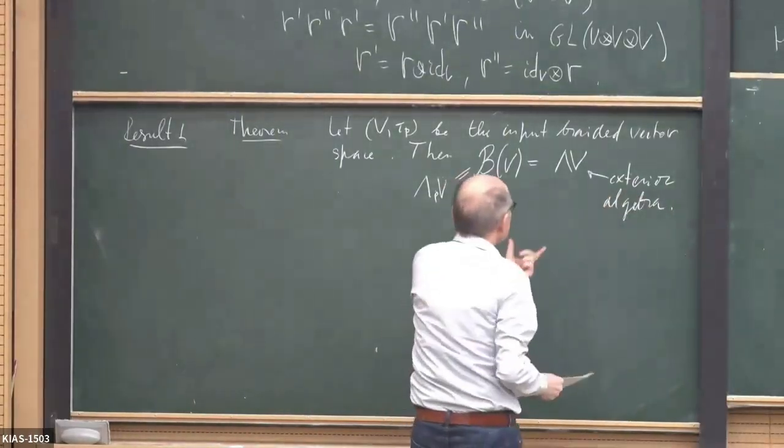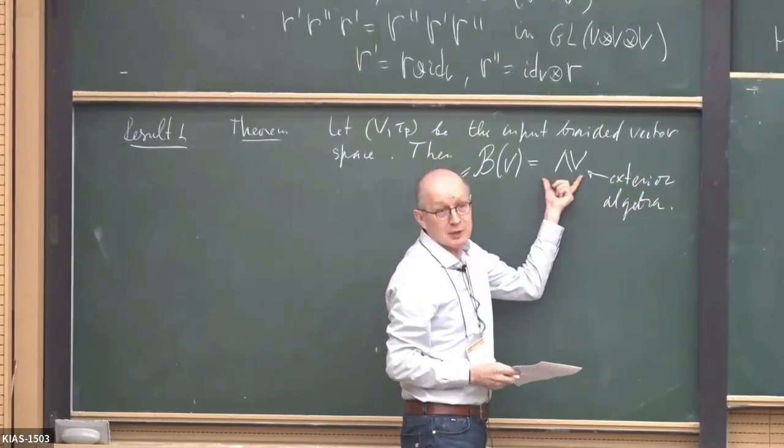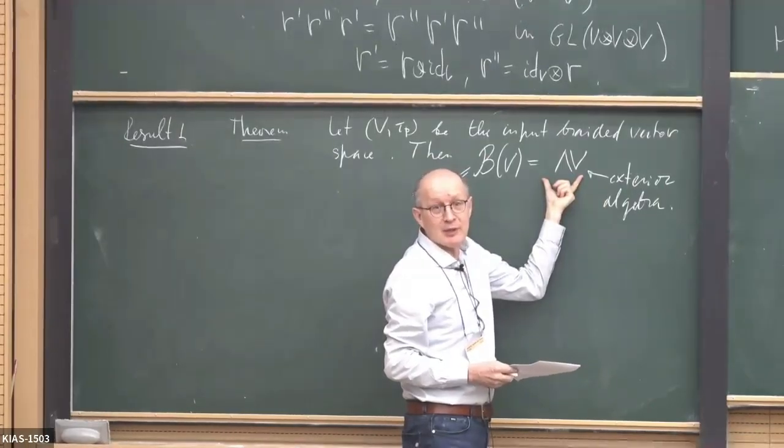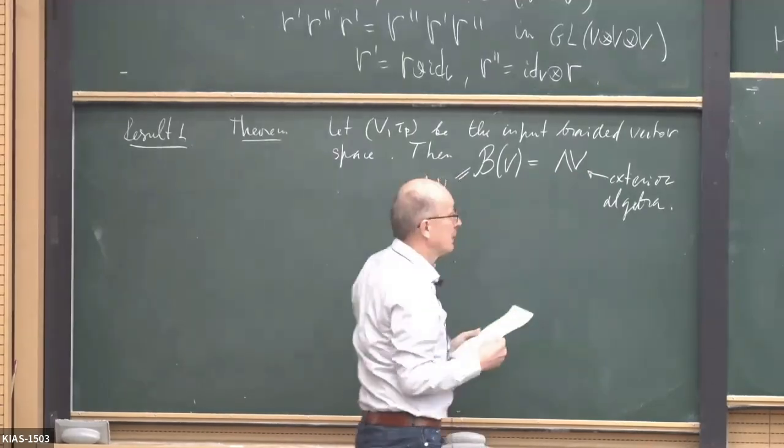But the essential point here is that this is a usual exterior algebra, no P in the multiplication. So P shows up only in the co-multiplication of the braided Hopf algebra.